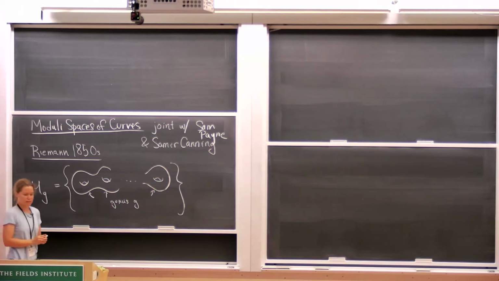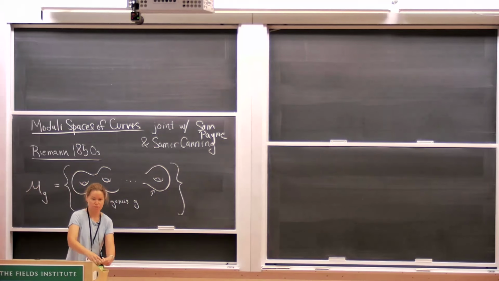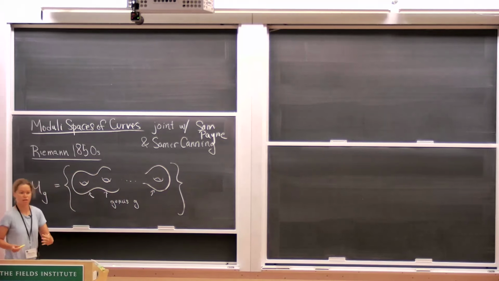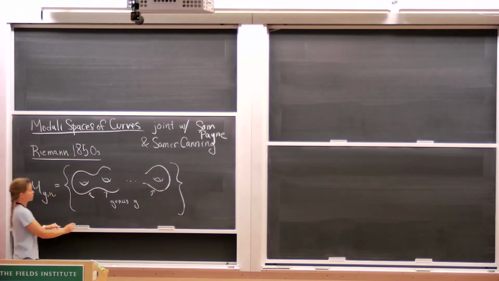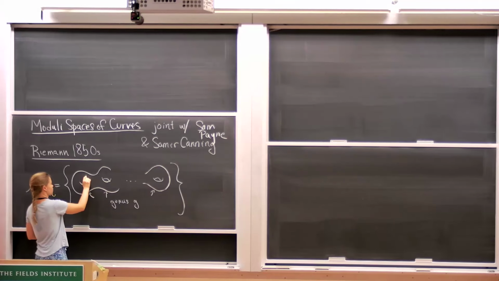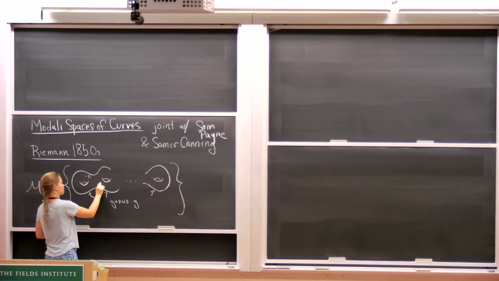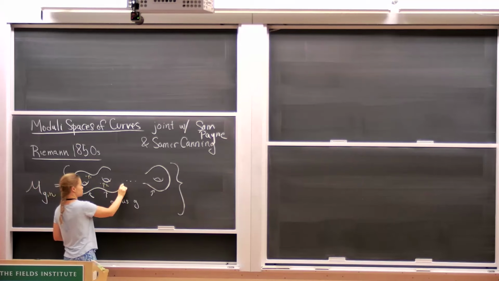And for reasons that might become clear later in the talk, sometimes we also care about a curve together with a collection of points on it. So I'm going to define M_{g,n} to be the moduli space where each point corresponds to a genus g curve together with n marked points.